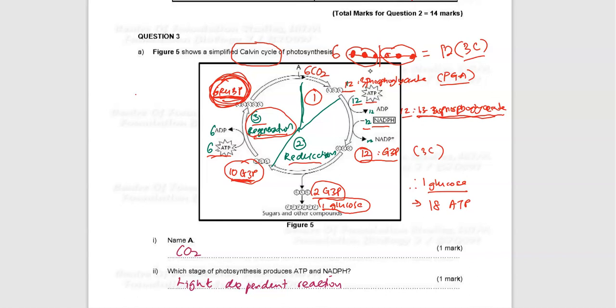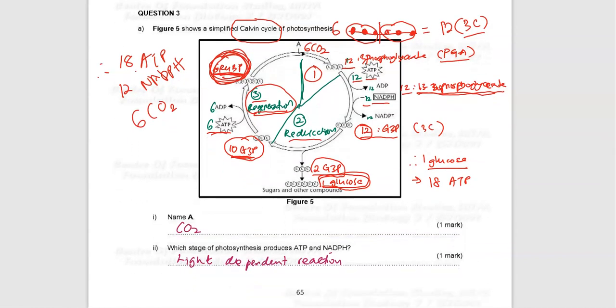Altogether, to form 1 molecule of glucose, the process consumes 18 ATP molecules and 12 NADPH molecules. It also consumes 6 molecules of carbon dioxide.